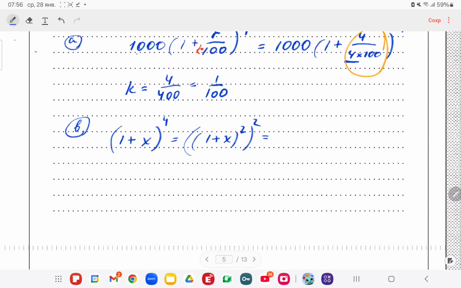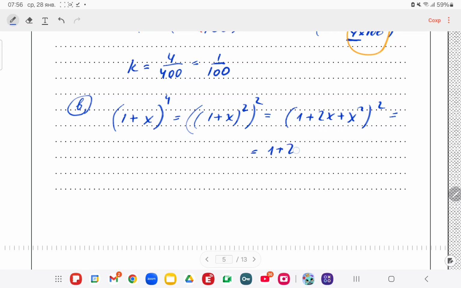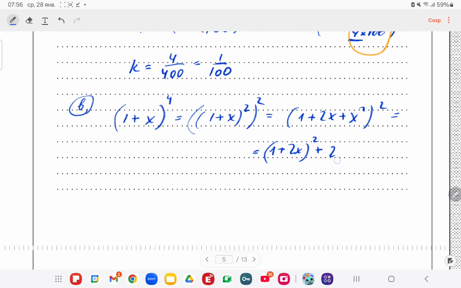So if we open the inner brackets, we'll get 1 plus 2x plus x squared, and then after opening these big brackets, I will get 1 plus 2x squared plus 1 plus 2x times x squared plus x squared.